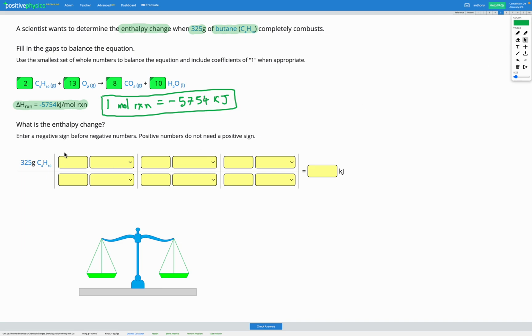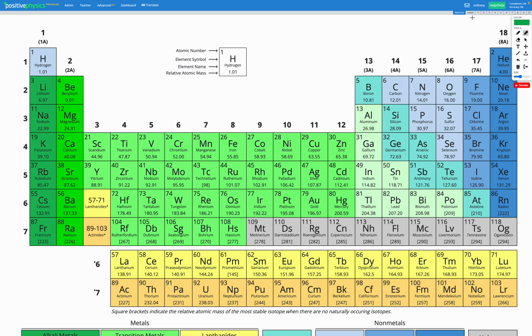So let's start by calculating our moles of butane, C4H10, from our grams of butane. So we're going to need to figure out the molar mass of butane to do that. So we're looking for C and H. Here's H. It has a molar mass of 1.01. Here's C. It has a molar mass of 12.01.